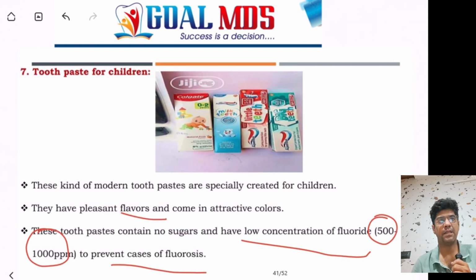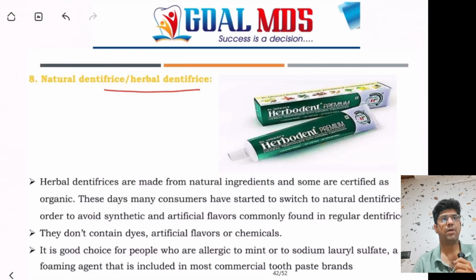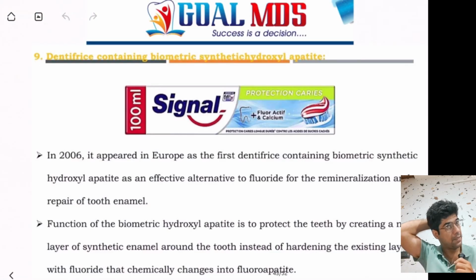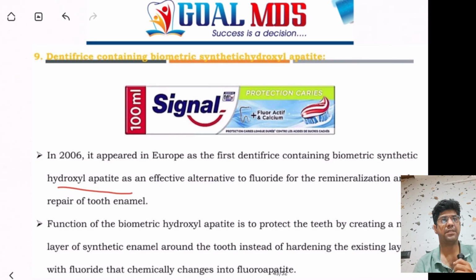Along with that, they have pleasant flavors and come in attractive colors. Some natural or herbal dentifrices are available. They don't contain dyes, artificial flavors or chemicals. They are purely organic. Some pastes contain hydroxyapatite crystals as an alternative to fluoride for remineralization and repair of the teeth.